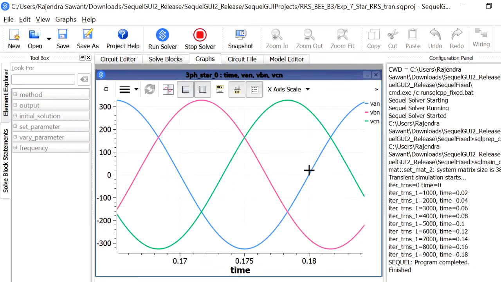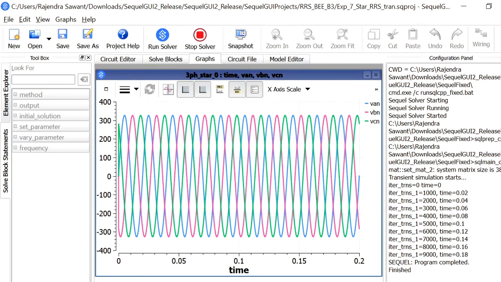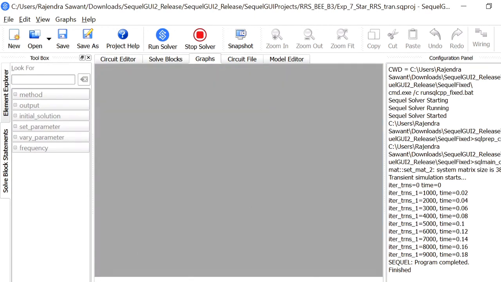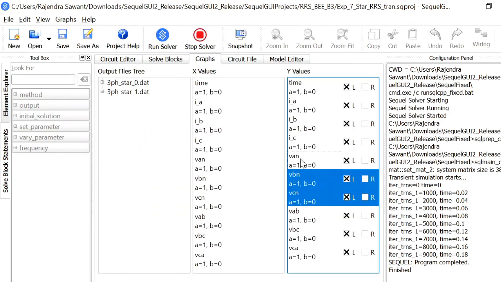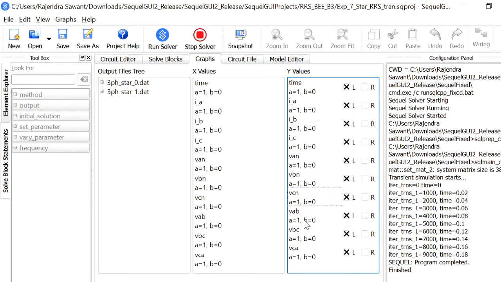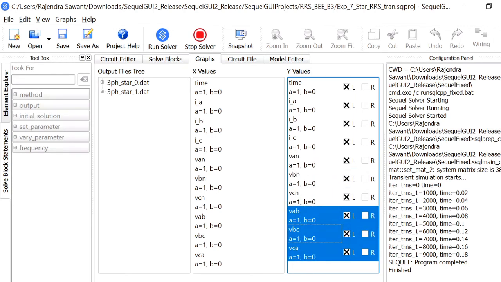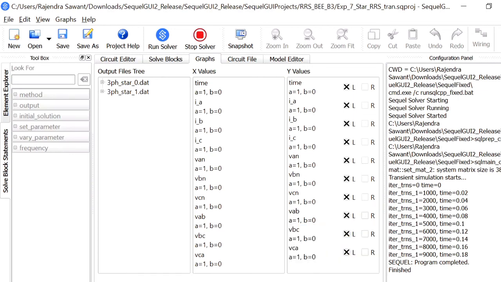If you go back to the line voltages, VAB, VBC, and VCA, this is a system of line voltages.